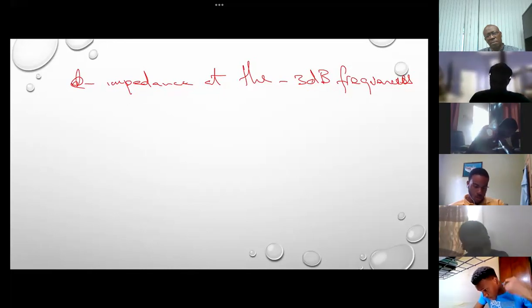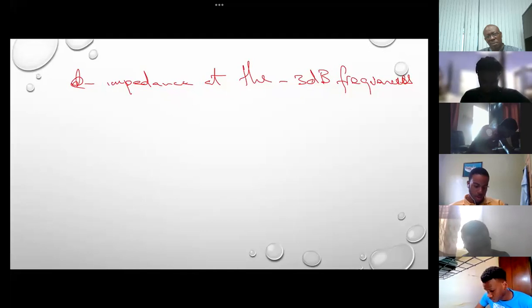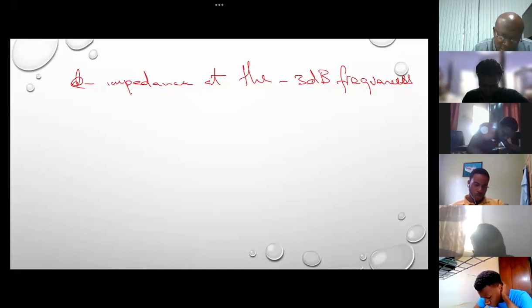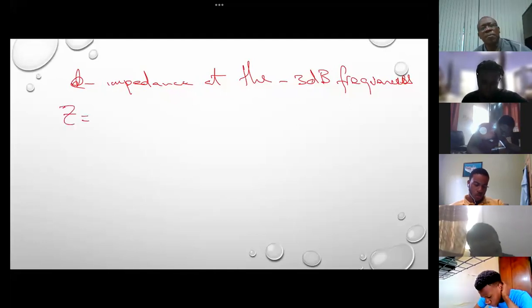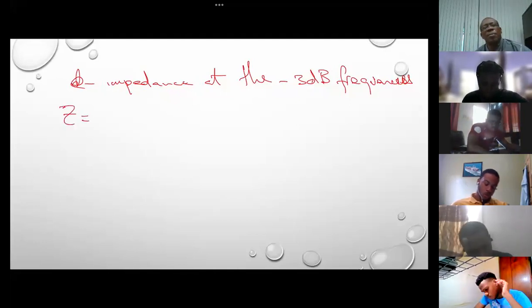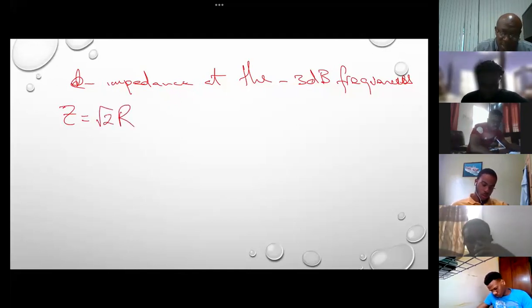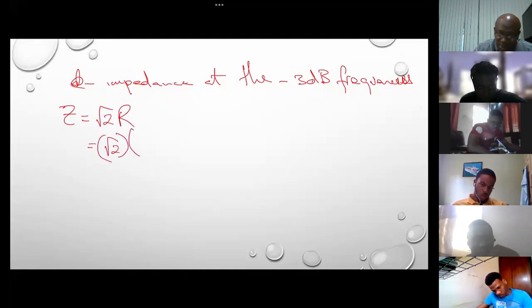That the reactance is equal to the resistance of the circuit. Okay. So you're correct. At the minus 3 dB, the net reactance is equal to the resistance. Therefore, what is Z equal to? Root 2 times R. Beautiful. So it means that Z is equal to root 2 times 30. Whatever that is equal to.